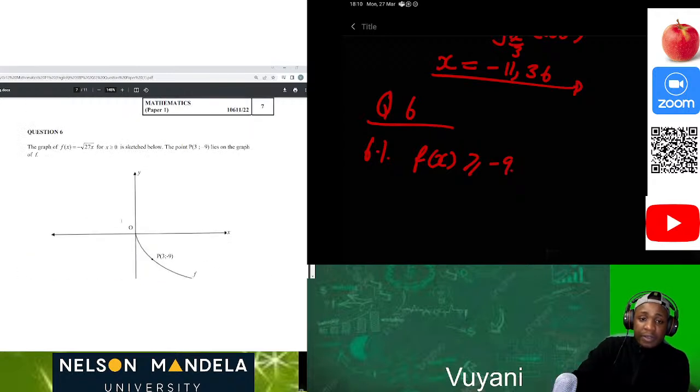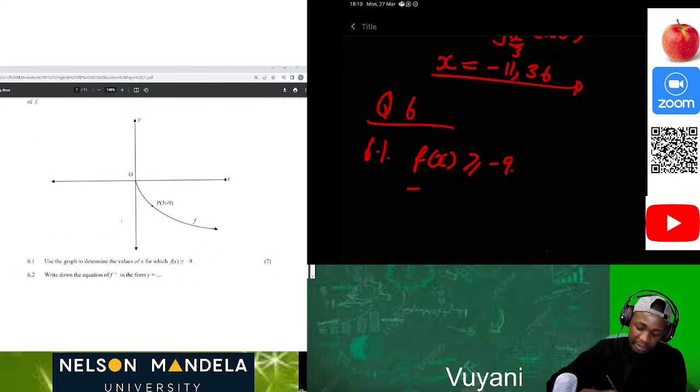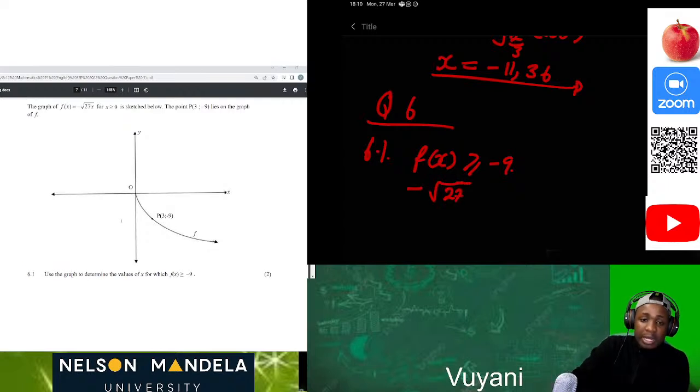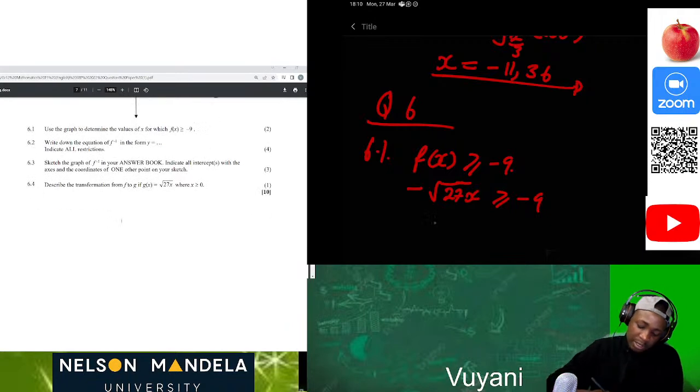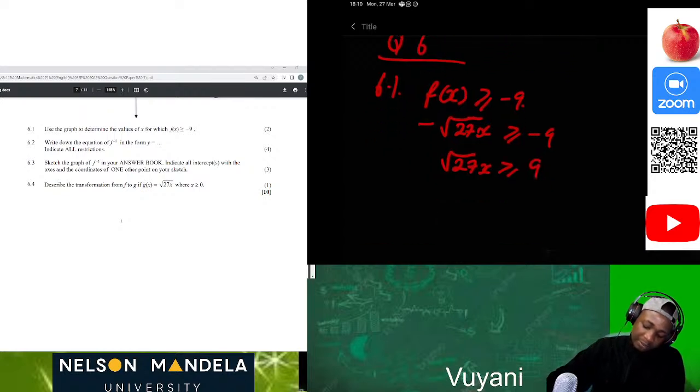What is our f of x? F of x is negative root 27 multiplied by x. So they're saying it's greater or equal to negative 9. So from this point, we know that we have square root of 27x greater or equal to 9.